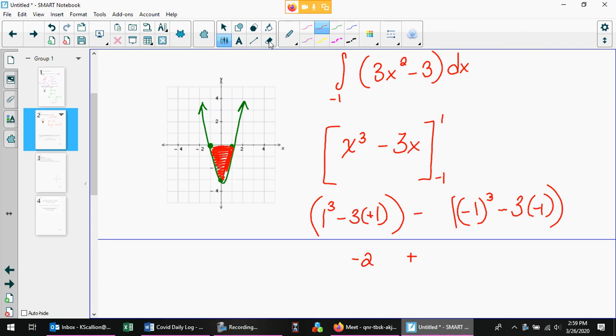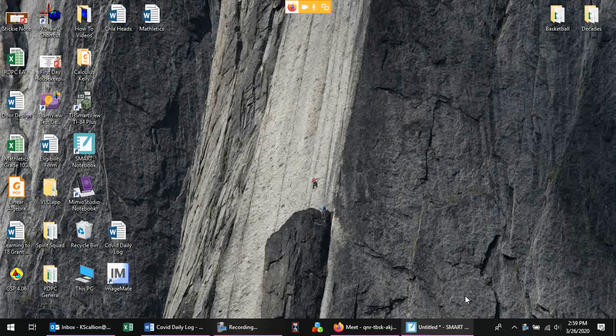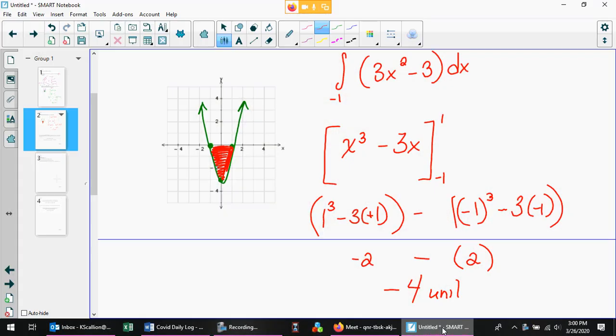Subtract a positive 2. And that's going to give me a negative 4 units squared. So we anticipated it was negative. It is negative. Life's good.